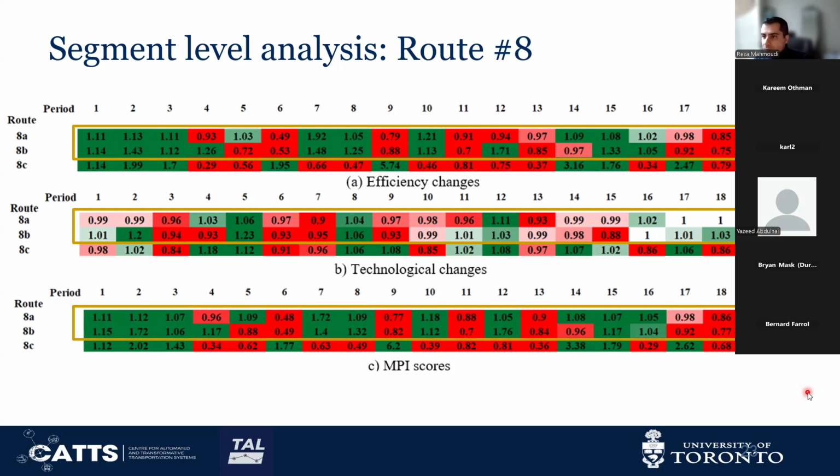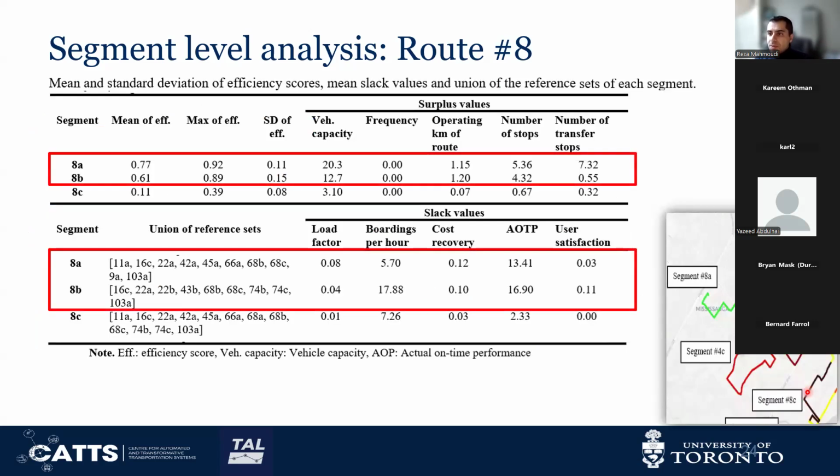So based on these results and all of the other results of T-Spark, we suggest keeping these segments as fixed route transit segments, but improving them by replanning them.